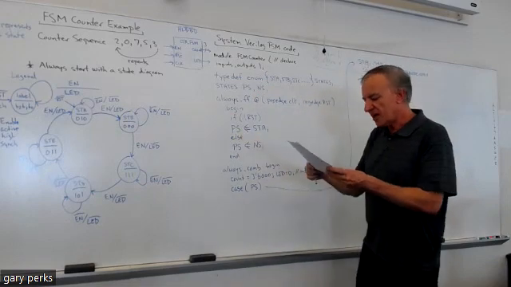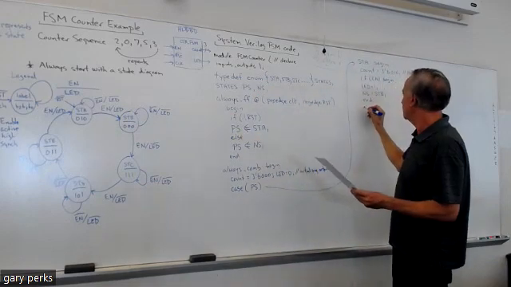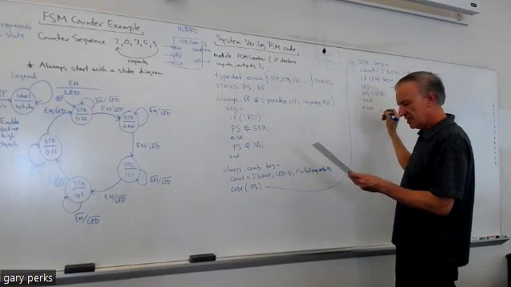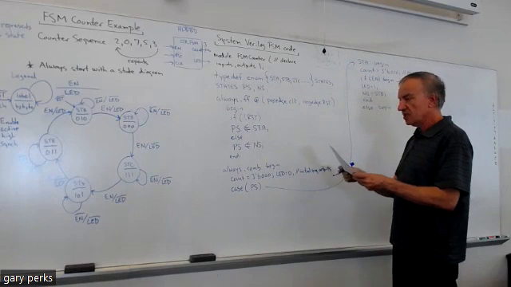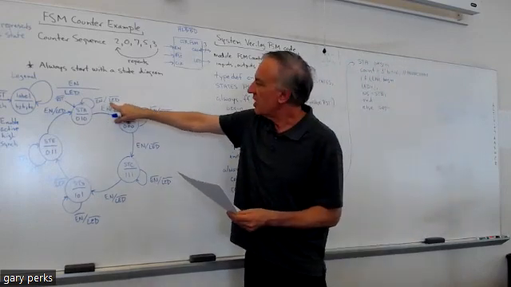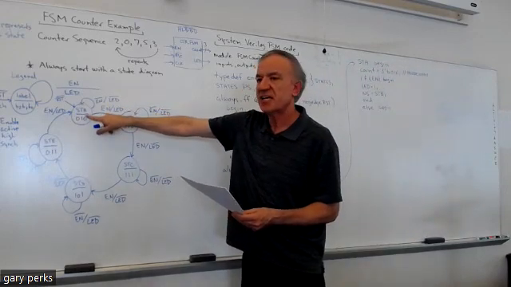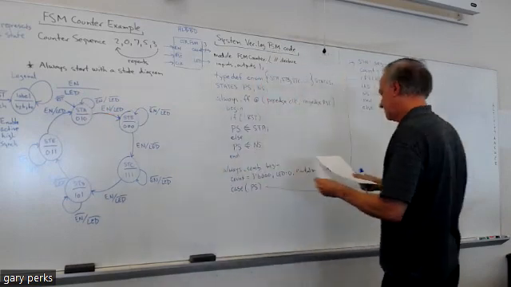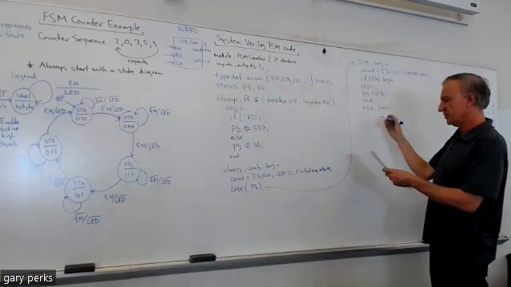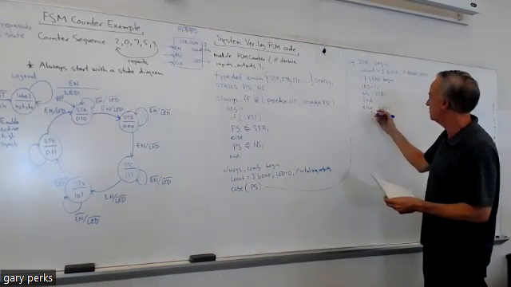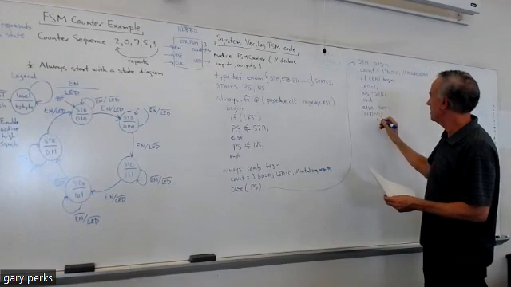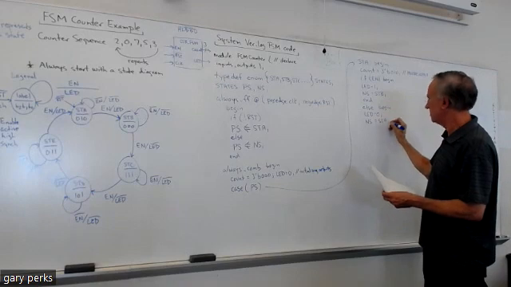Now, if enable is not high, we're not going to light the LED, and we're going to stay in state A. So we would just shut off the LED, make it 0, and then next state will just be state A.